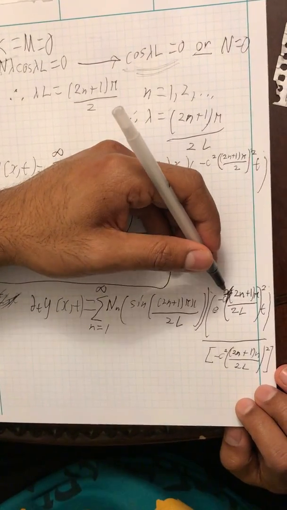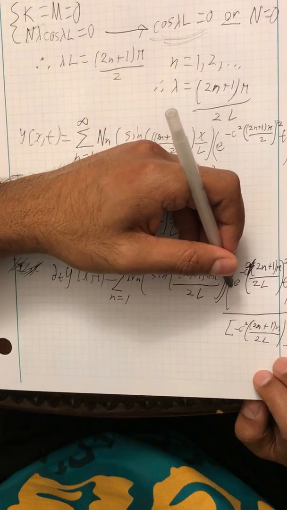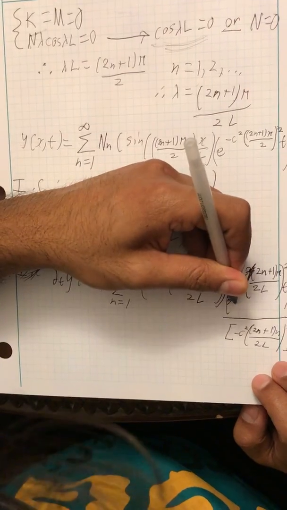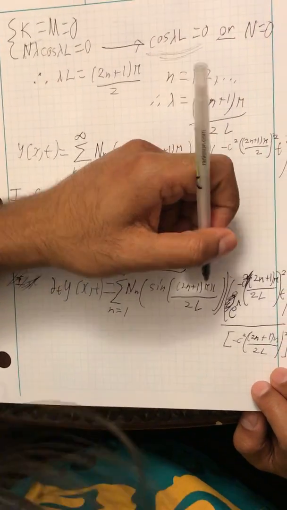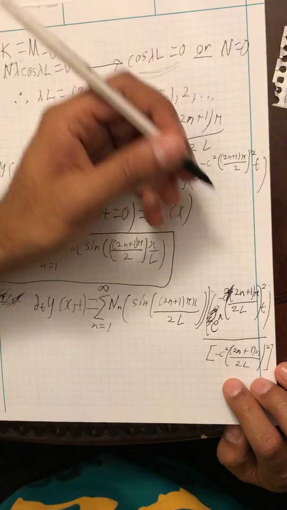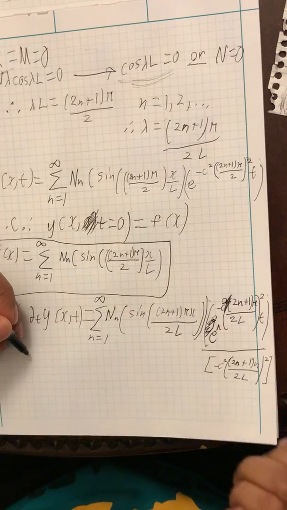So over here, this might be a little tricky to see, but this is basically just saying e to the power of, the usual term, c squared lambda squared t. So, yeah.